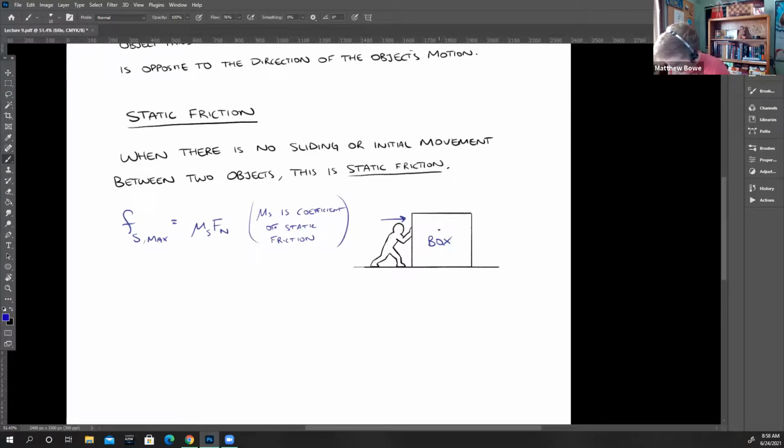Where there's contact, there's a normal force. This is the floor. Let's look at a microscopic viewpoint of where these two objects, the box and the floor, are meeting. I'm going to make a little circle. Imagine we zoom in on this little circle.